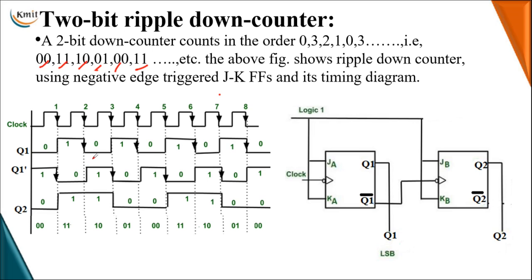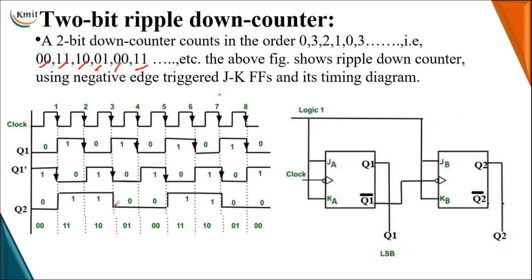We call this a ripple counter or asynchronous counter since the least significant bit divides the clock frequency by 2, whereas the second flip-flop divides the clock frequency by 4.